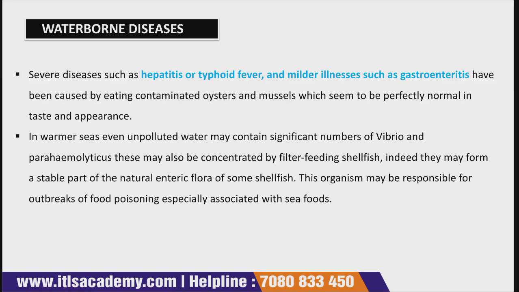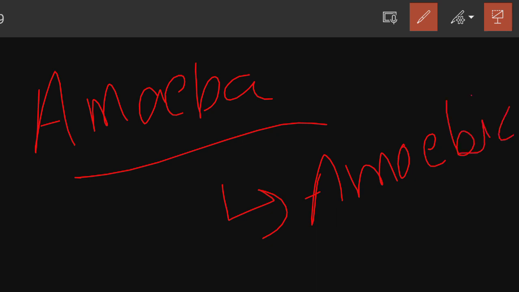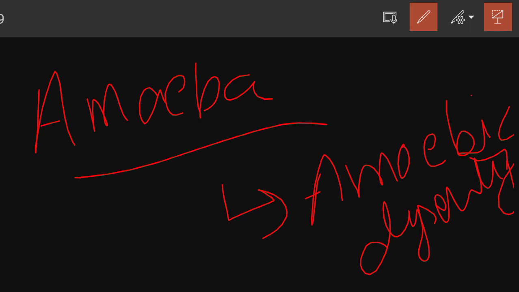So let us discuss one thing: this water has different types of microorganisms in it. If we talk about amoeba, amoeba causes amoebic dysentery. This amoebic dysentery has symptoms like severe diarrhea, headache, abdominal pains, chills and fever.